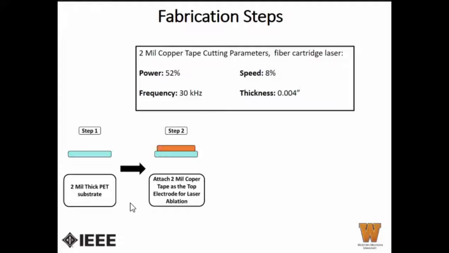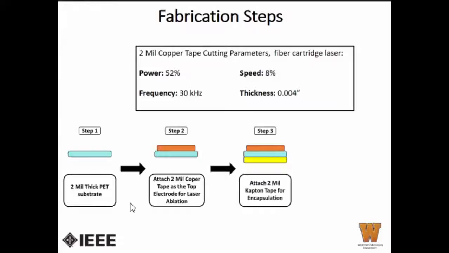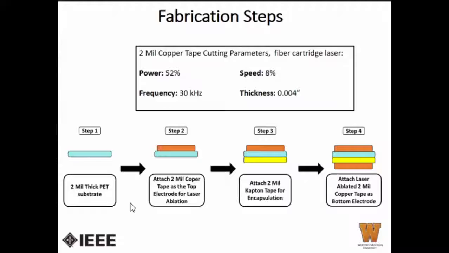Then we transfer the pattern for the top electrodes onto the top copper, and then we attach the Kapton tape on the back to take care of any hole or perforation that may have happened due to the laser ablation. Then we attach the copper tape on the back for the back electrode, and go through ablation for the back electrode.